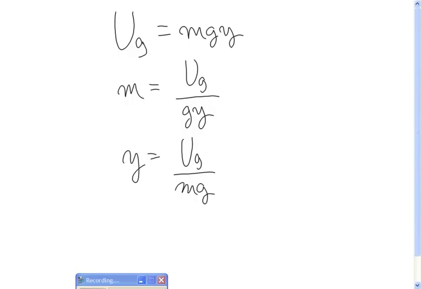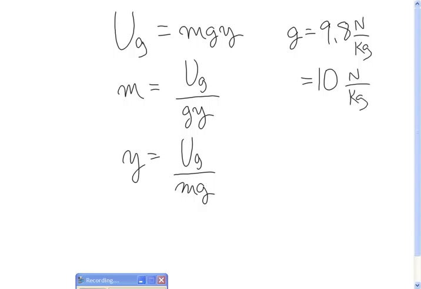It's a relationship. And don't forget now, whenever you see g, that's characteristic of our planet. If you're doing a real experiment where it's important to be as accurate as possible, use 9.8. But in any word problem or test problem you're submitting to me, just use 10.